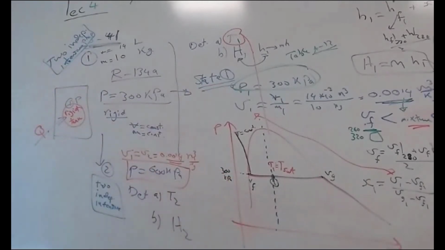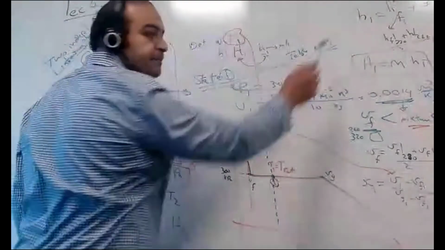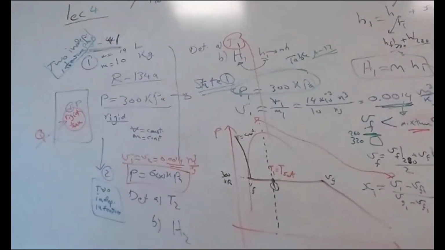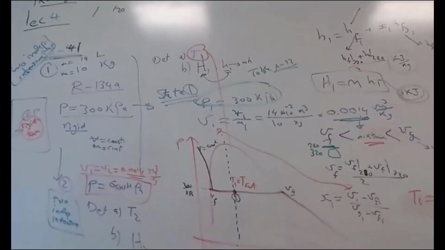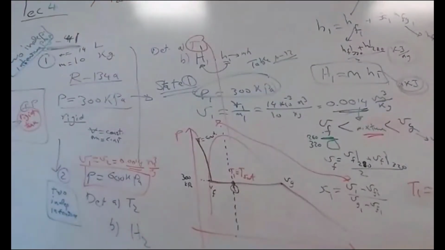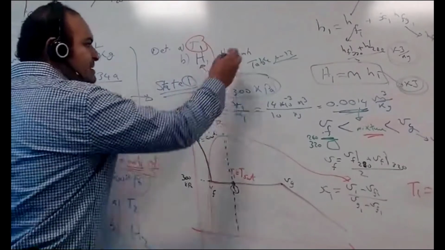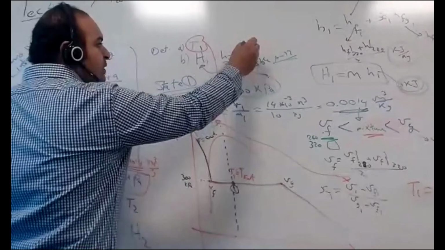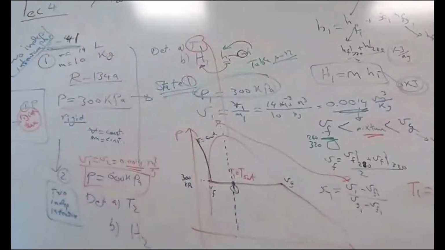You can get X, and the temperature is the saturated temperature. Enthalpy you get from the weighting here. If you want total property, extensive property, just multiply by mass, so kilojoule per kilogram became kilojoule.